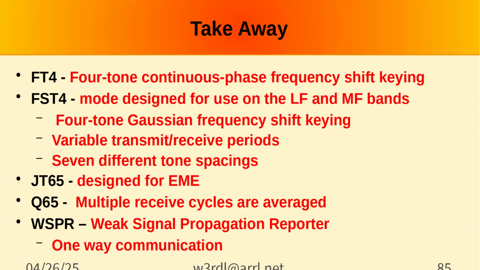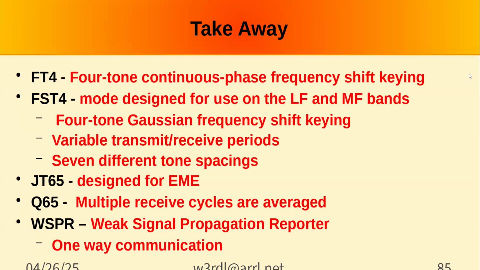Somehow there are 7 periods and 7 tone spacings, so there's apparently space between the tones. It's very complicated, but you just have to remember it's complicated. That's the answer.